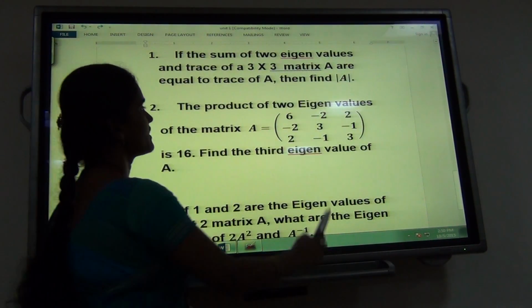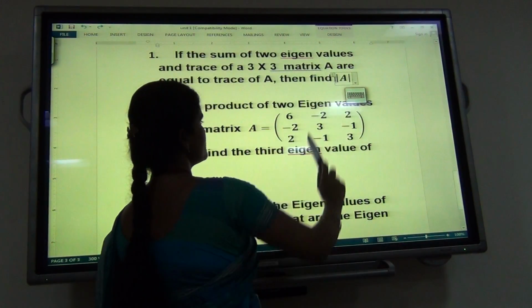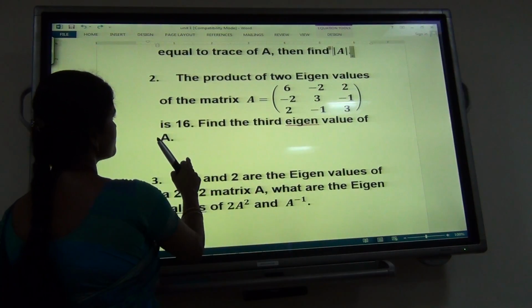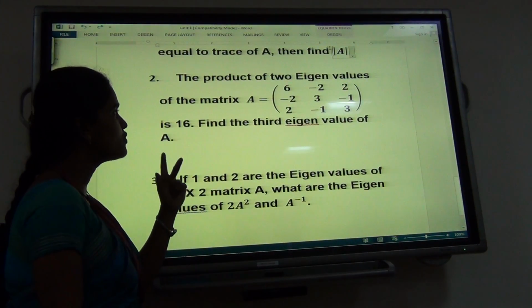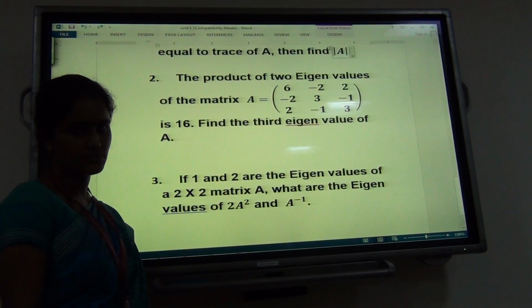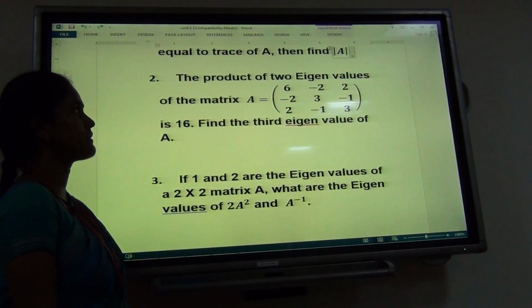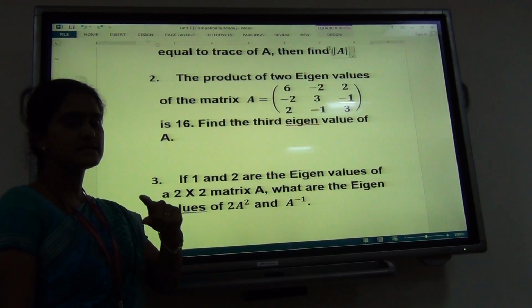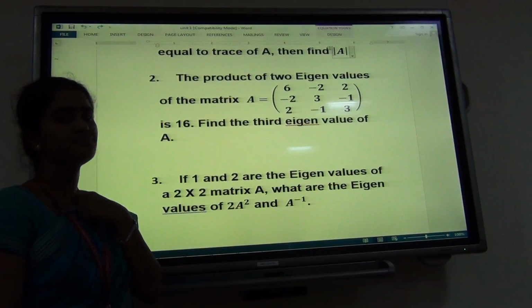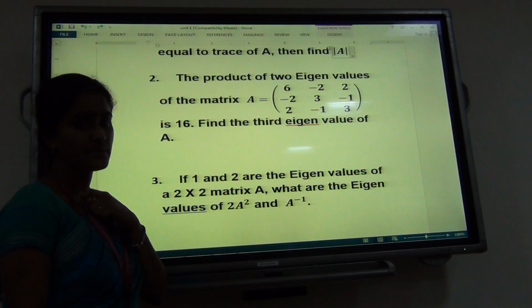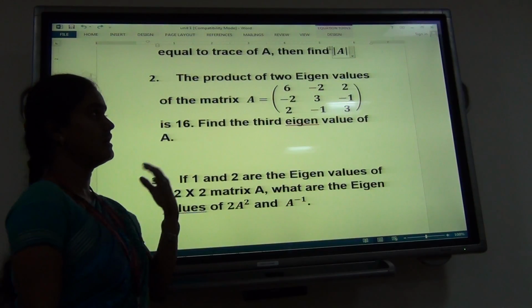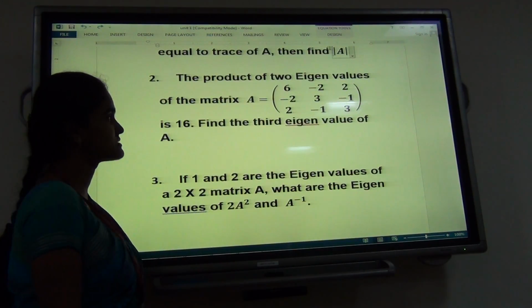So we were able to find the determinant of A. The second problem is about the product of two eigenvalues of a matrix. What is the property which relates to the product of the eigenvalues? The product of the eigenvalues is equal to the determinant of A. We just used it in the previous problem.